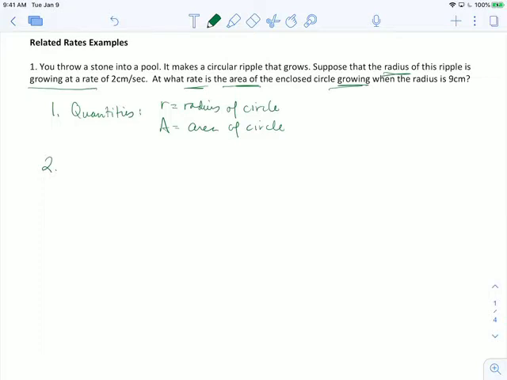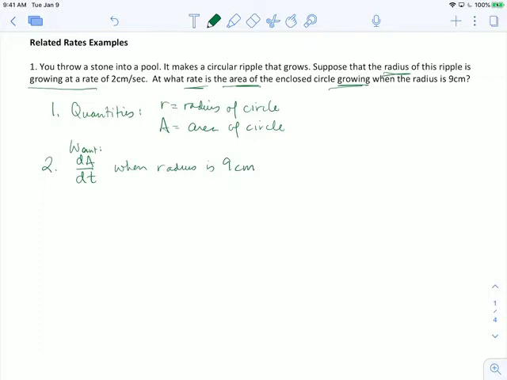Now we're going to represent our derivatives in these problems, usually in the Leibniz notation form, the fractional form. And so I want dA over dt, the rate of change in the area when the radius is 9 centimeters.